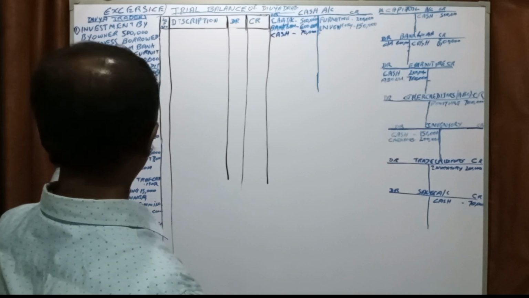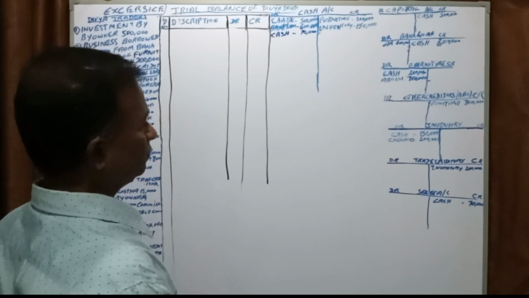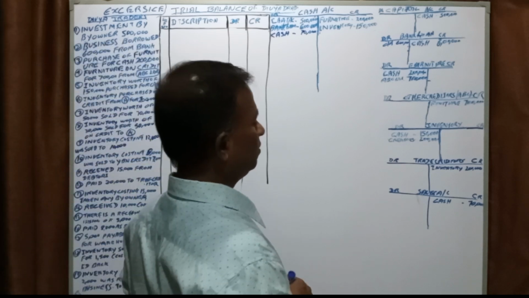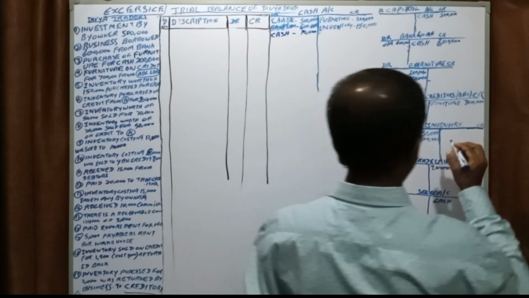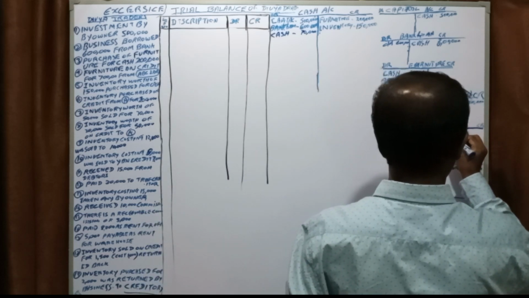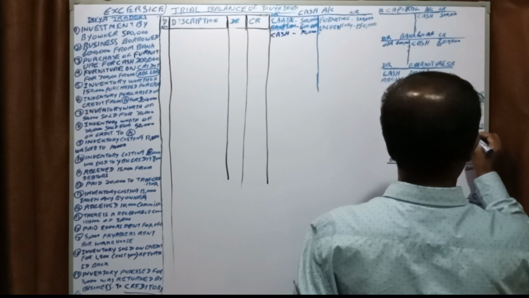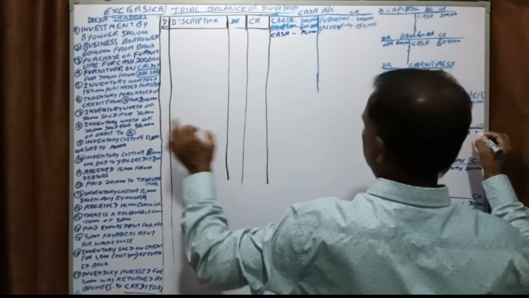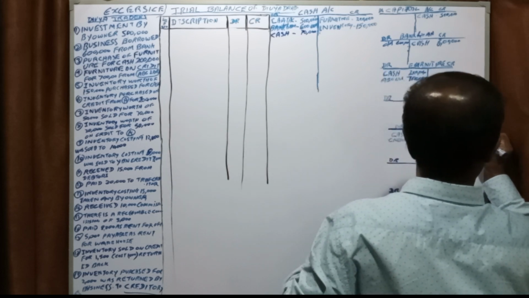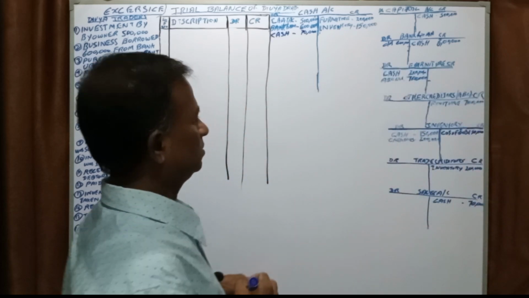Then but they have said this. We have sold 50,000 worth of goods. So what we have to do is we have to remove that 50,000 from the inventory. Cost of sales 50,000.